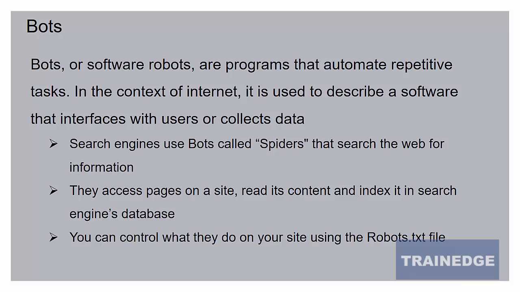What the search engine bots can do or cannot do on your site can be controlled by a file called the robots.txt file. It's a plain text file that is present on every website, and this file has instructions about what bots can or cannot do on the site. You can modify this text file to control what bots can do on your site, which pages they can access, which pages they cannot access.